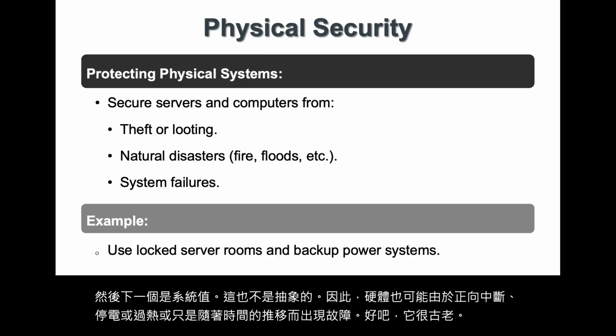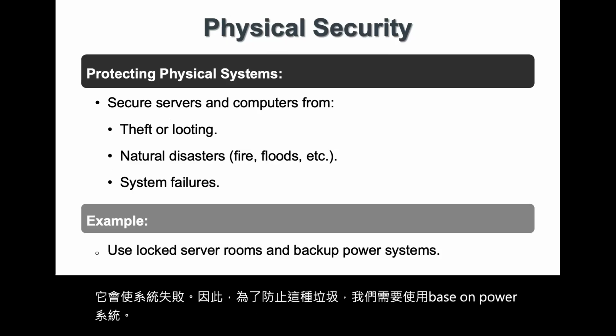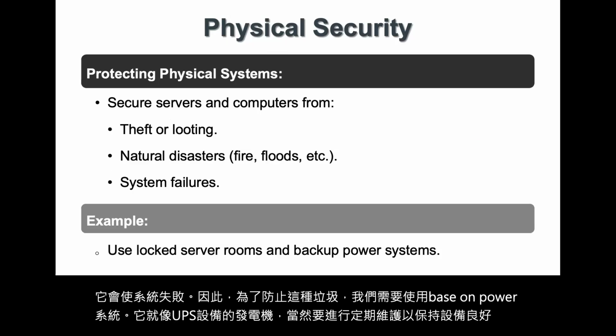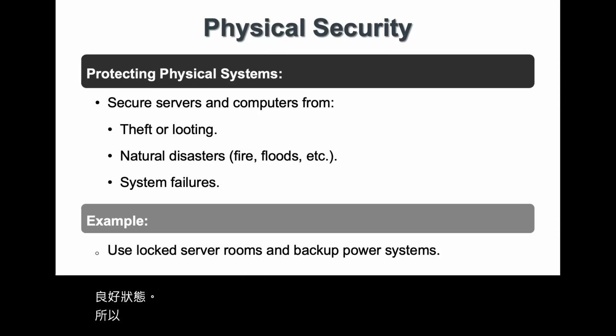To prevent this kind of threat, we need to use a backup power system, like generators or UPS devices. And of course, do regular maintenance to keep the equipment in good condition. It's like having a spare tire in your car just in case it's flat.